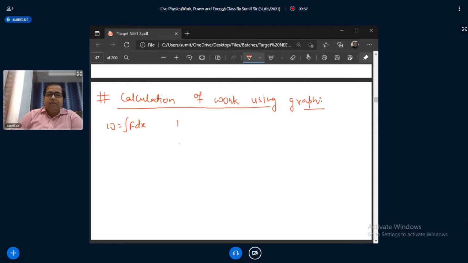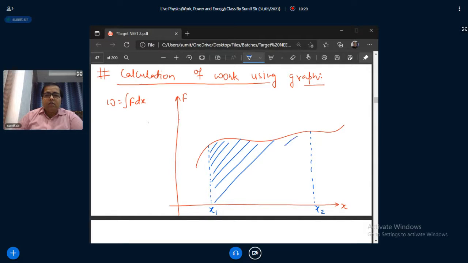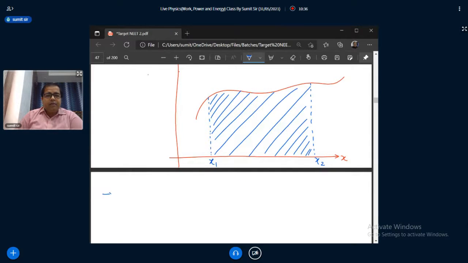So if you have a graph plotted between x and force, a function of x, and you have to find work done for the displacement from x1 to x2, then this shaded area represents work done from x1 to x2.